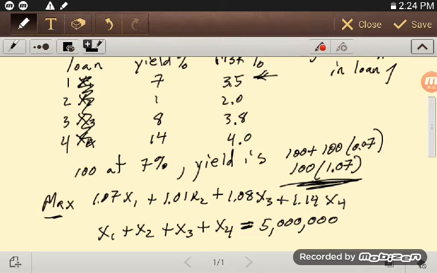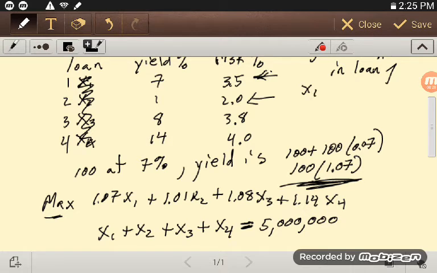But let's say I took half my money and I invested it here at 3.5% risk and the other half at 2% risk, then on the average I would have the average of those two numbers, 3.5 and 2.0.